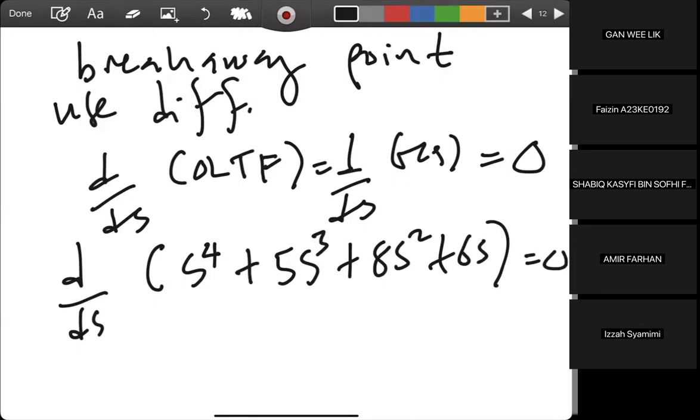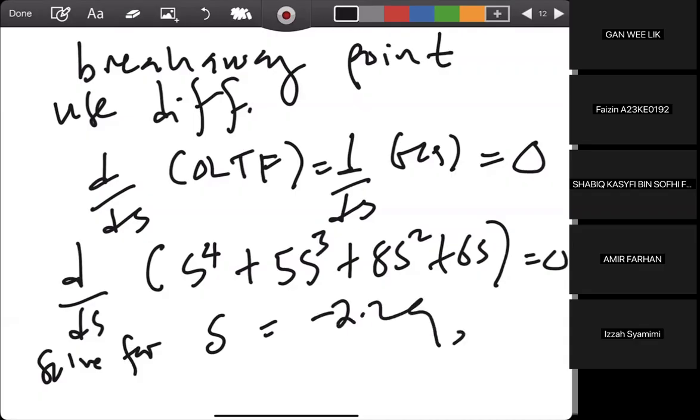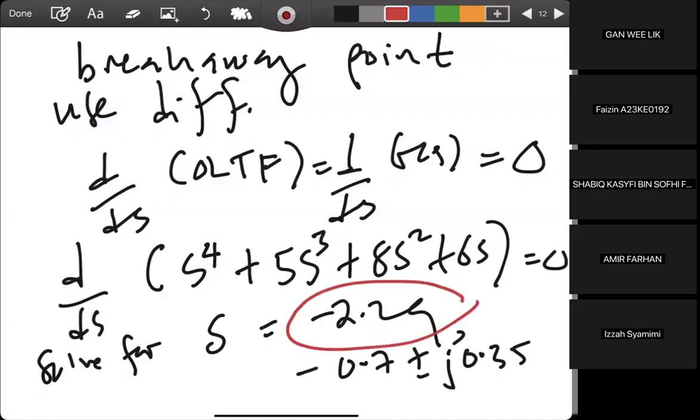Okay. Then you will find s, solve for s: -2.29, -0.7 plus minus j0.35. So which one to choose? We choose the real number, which is -2.29, or s equal to -2.3. Okay, this one. This one, don't choose.